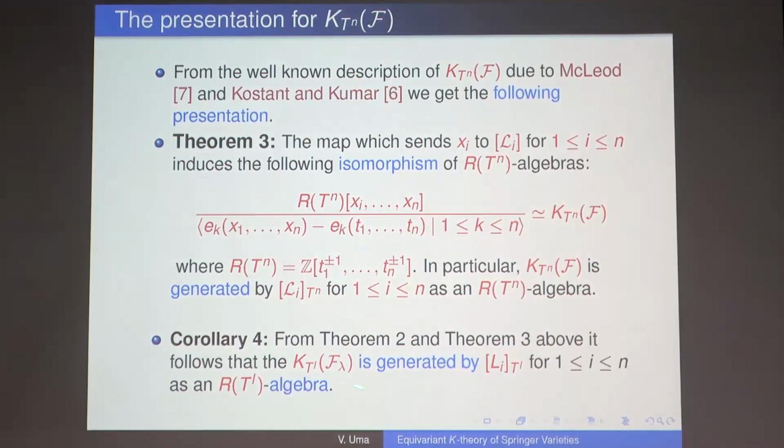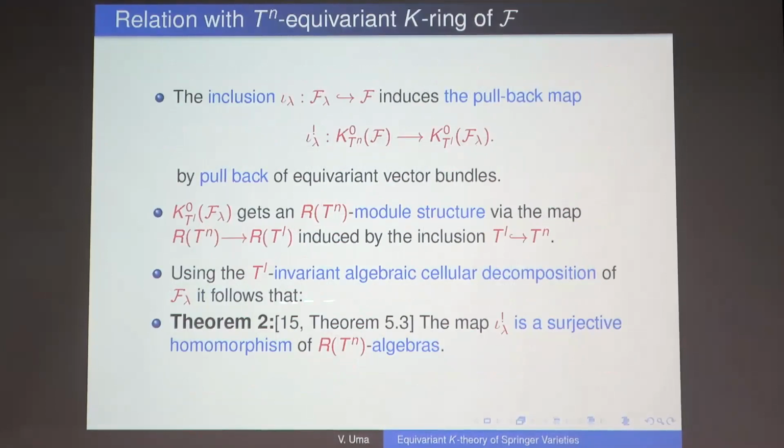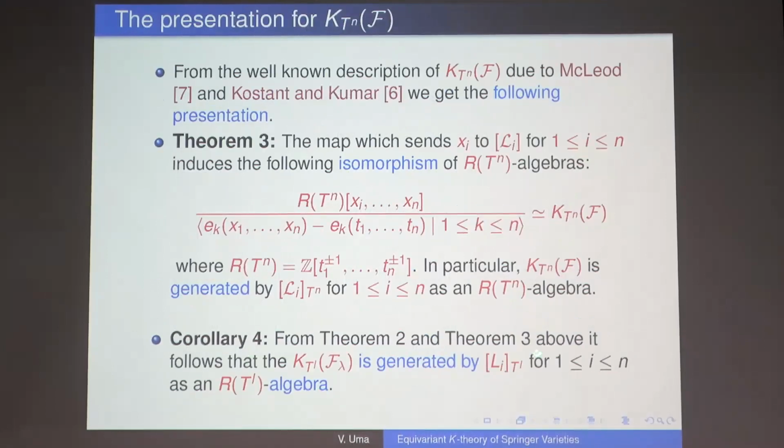This follows. So therefore, in particular, because of this, we know that these line bundles generate this KTN of F as an algebra. From the previous theorem, we know that this is surjective. So combining these two, we can show as a corollary that this is generated by the restricted line bundle classes.